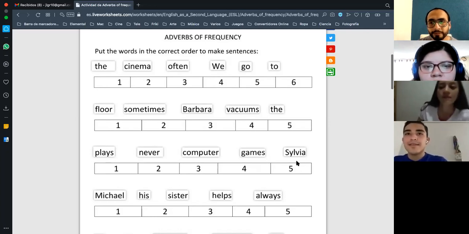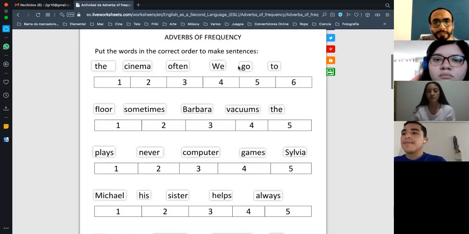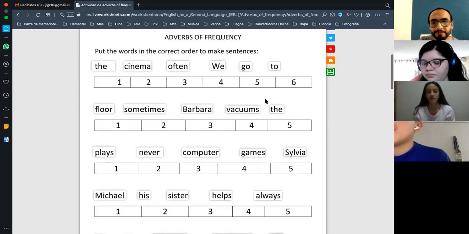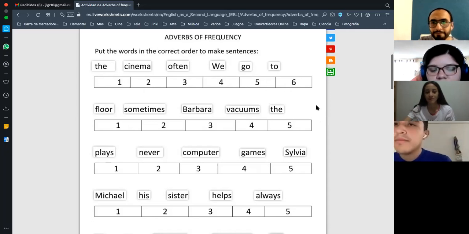Anything else, guys? You can share your answers, I can drag and drop here the words to reorder the sentence. So I'm gonna ask for your participation to create the sentences, okay? Can anyone help me out with the first one, please?